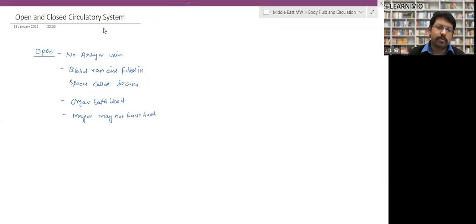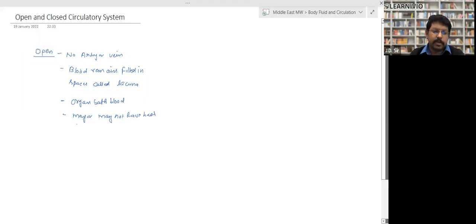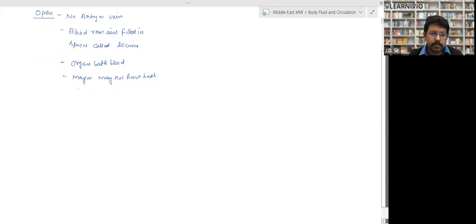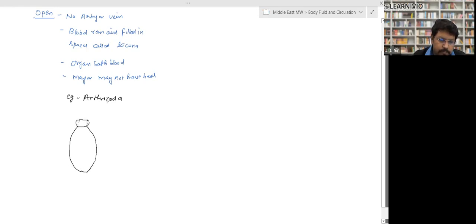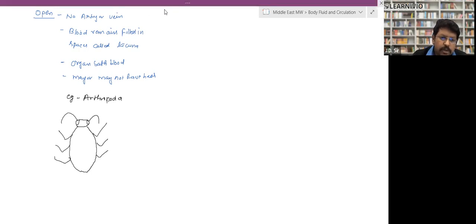Now I want to show you the open circulatory system. For the sake of example, it is found in insects. Example, Arthropoda. So for the sake of example, this is an arthropod. In the body of an arthropod, they have certain chamber-like structures, some spaces.